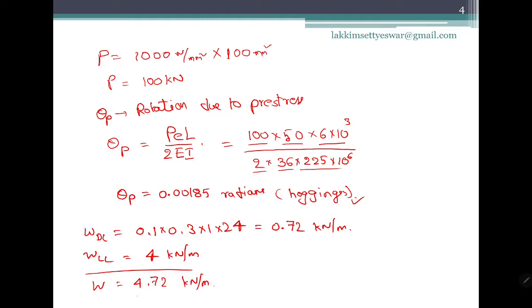Now due to this live load and dead load, how much rotation is coming? So to know that rotation, the formula is theta 1 is equal to W into L cube divided by 24 EI.